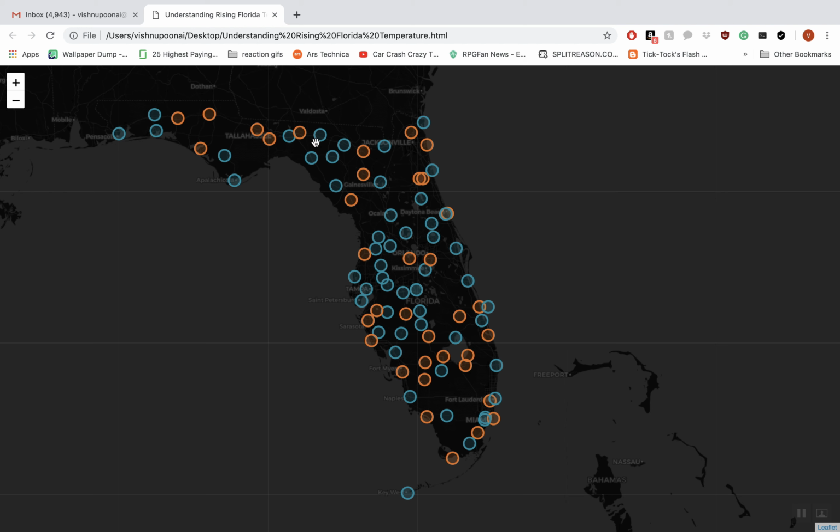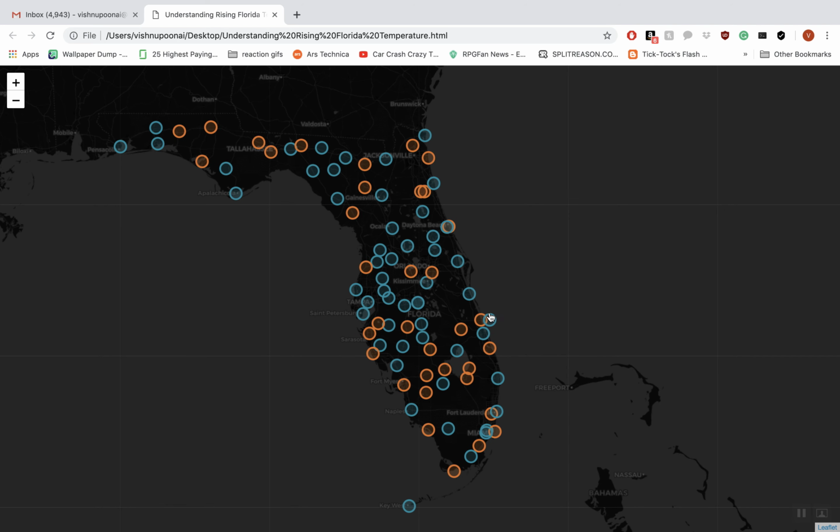So what the orange dots represent is a deviation in temperature towards higher temperatures or the higher extremes, and the blue dots represent a shift to lower temperatures or lower extremes based on a yearly basis.